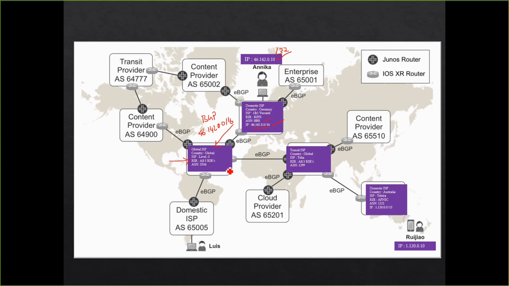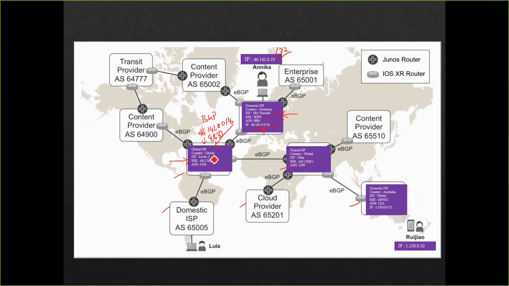So it means that all the networks in the world need to know yours. Let's assume that you are working in a domestic ISP and you have just now built this network. If the whole world wants to send packets to you, then you have to announce yourself, telling them, hey, I am Versatel and I have this autonomous system 8881 and I have the following IP address.